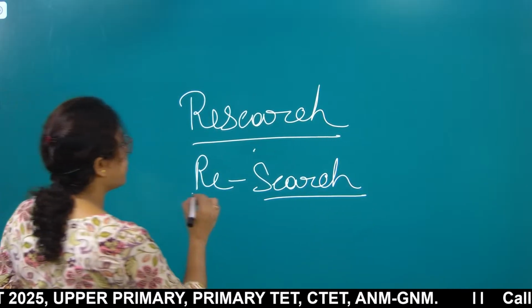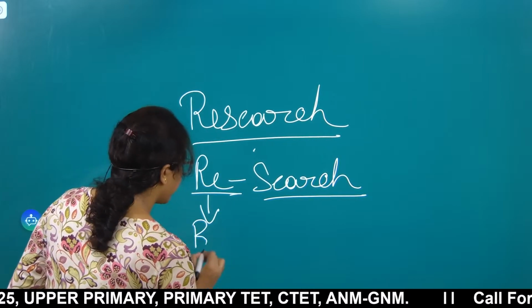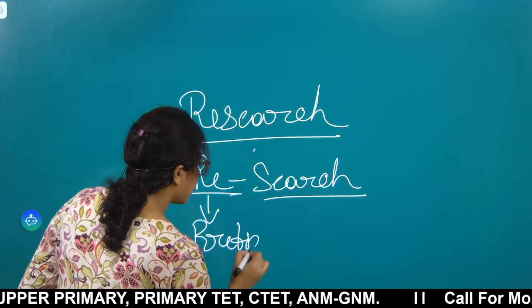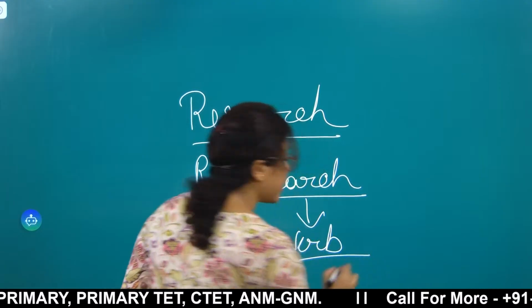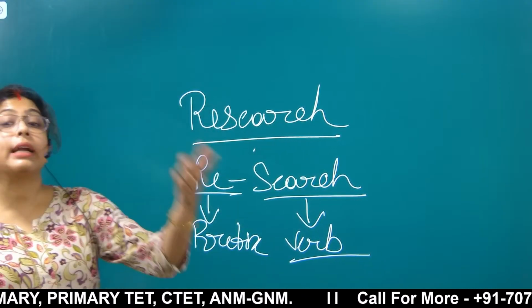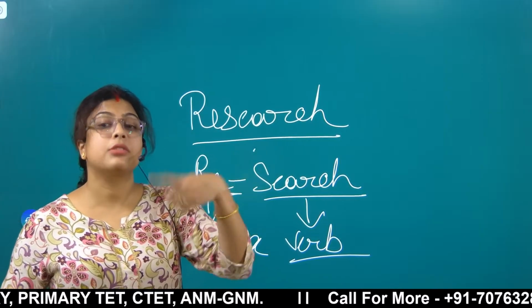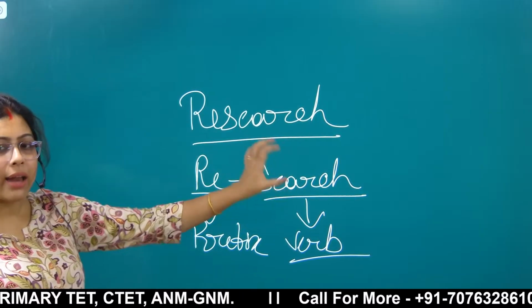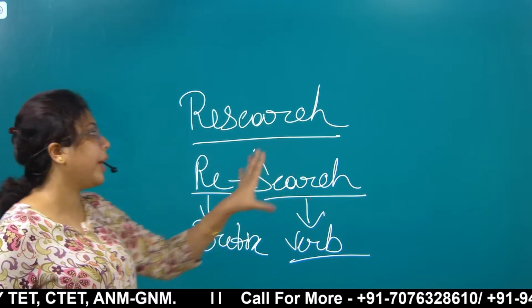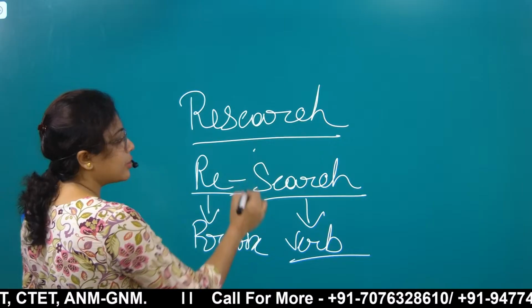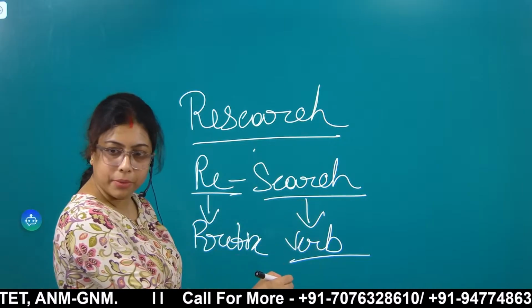So it is a prefix and it is a verb, right? So before directly going into the definitions given by the scholars, I am just analyzing the word in a smaller way. Okay, so research, re is the prefix and search is the verb.